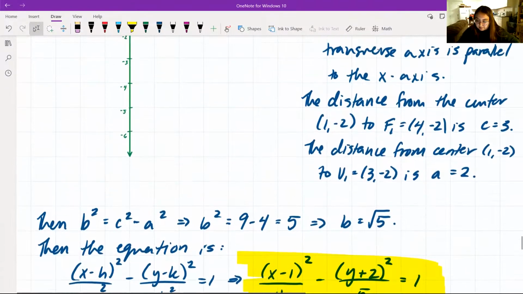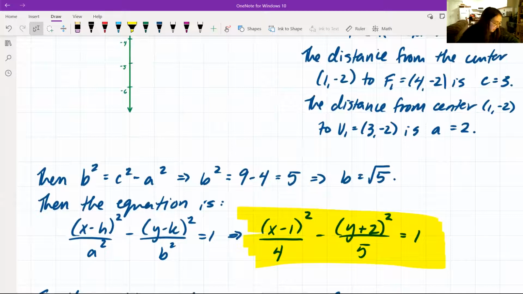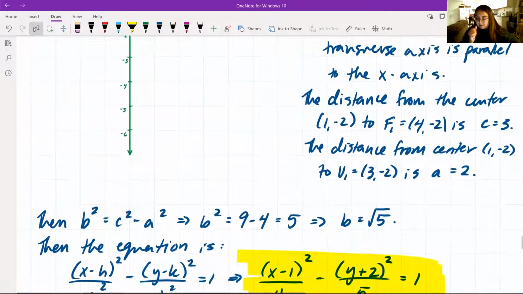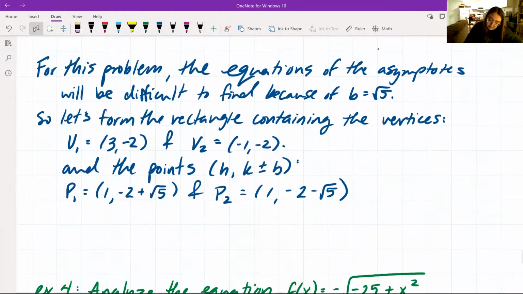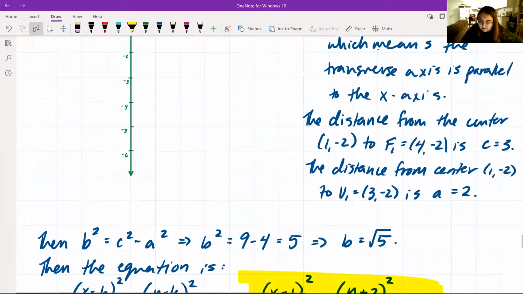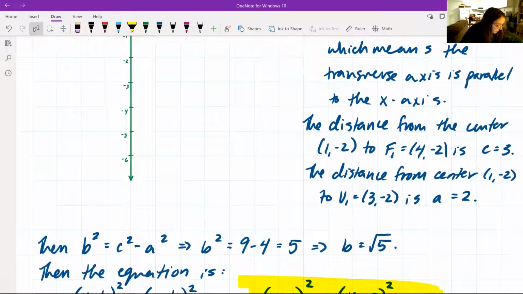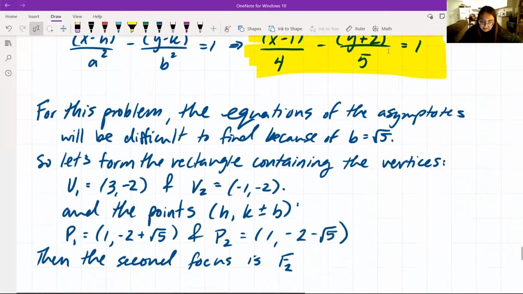The points of our foci, which were not explicitly referenced here, we can find that second foci value. So then F2 is going to end up being -2, -2.